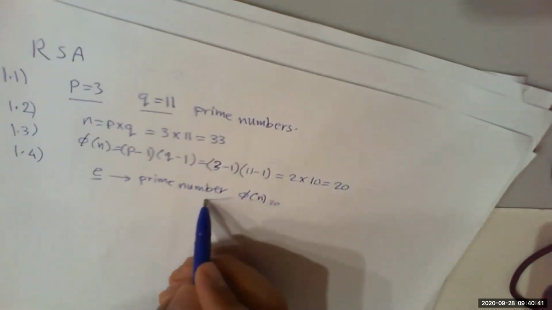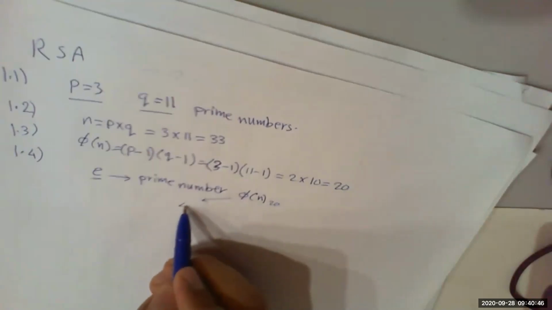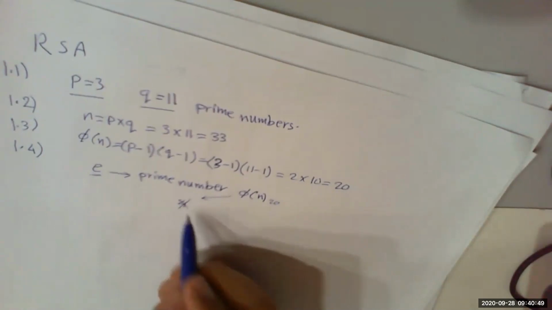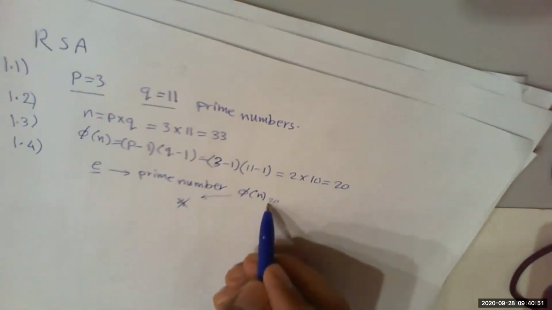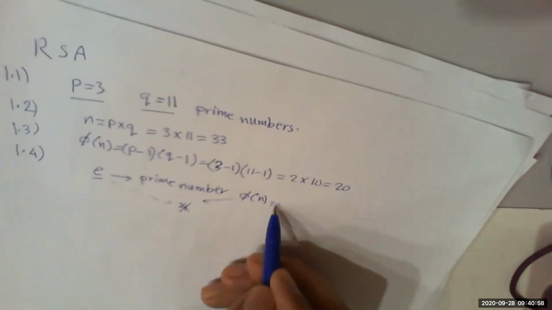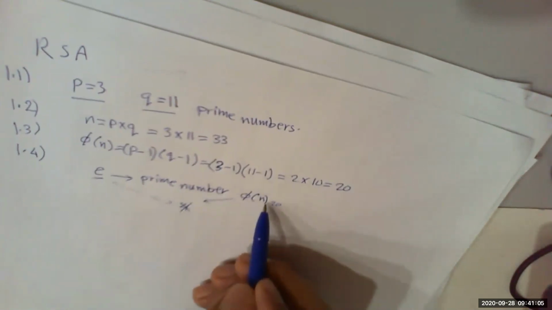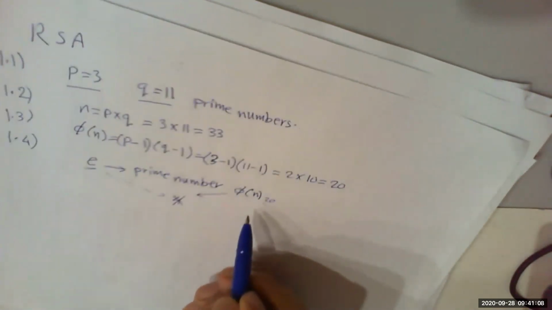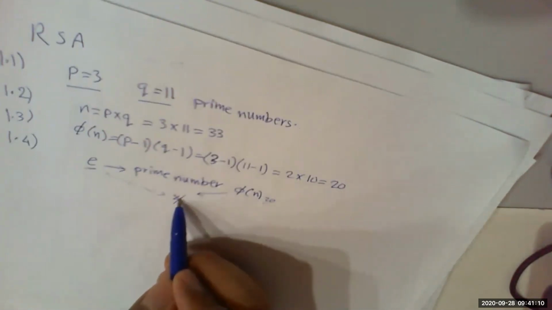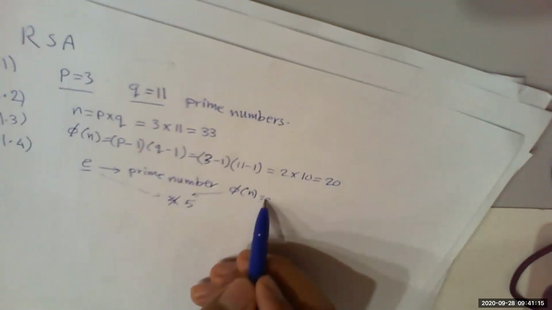So, for example, if we select 4, 4 is not working, because 4 divides 20. I don't want a number to divide 20 because they must be coprime. Coprime means no one of them divides the other. So 4 is not working. 5 is not working, because 5 divides 20.